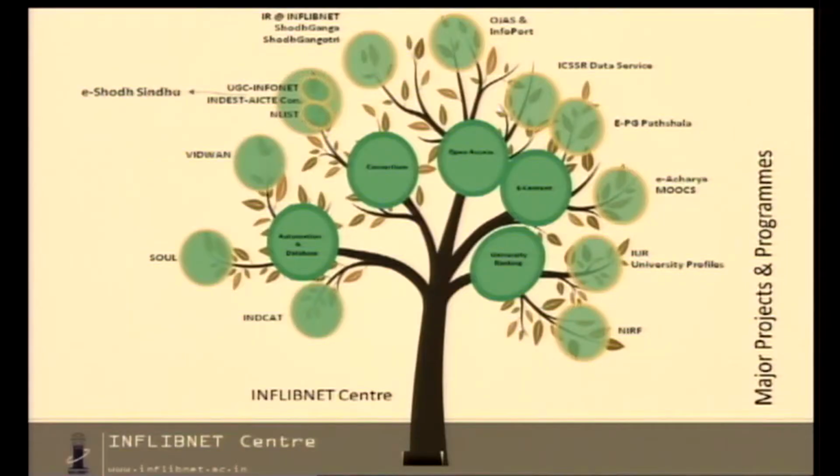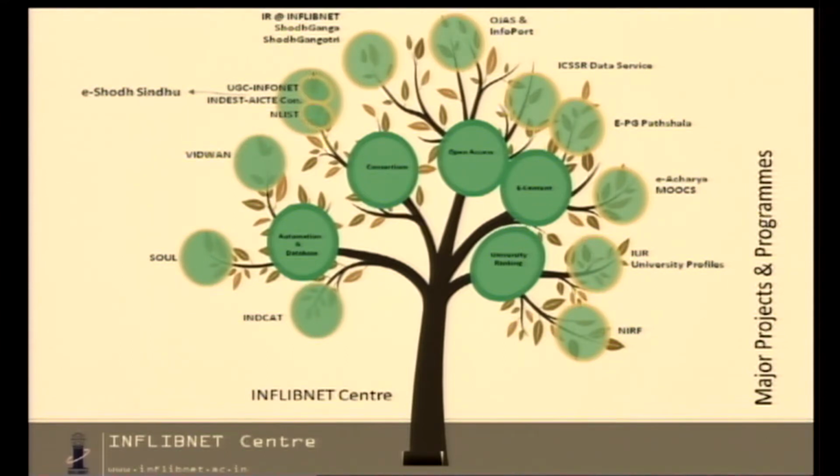Consortium is another very important activity for the INFLIBNET Centre. Consortium basically means that a group of libraries come together to subscribe to e-resources for every one of them. As you know, when you buy things in bulk, it is cheaper. So, we buy e-books, e-journals and e-databases for a group of universities.